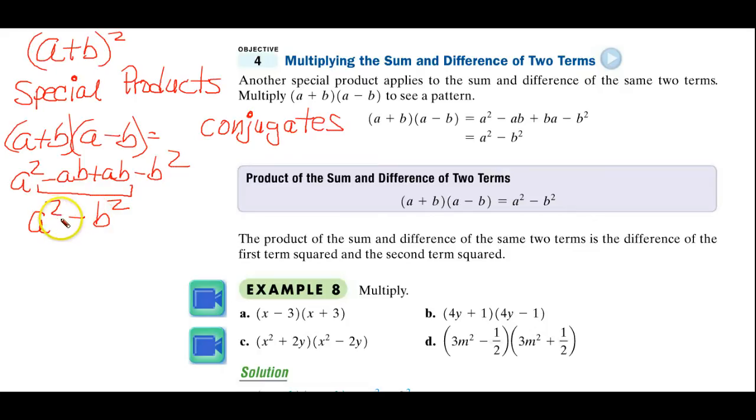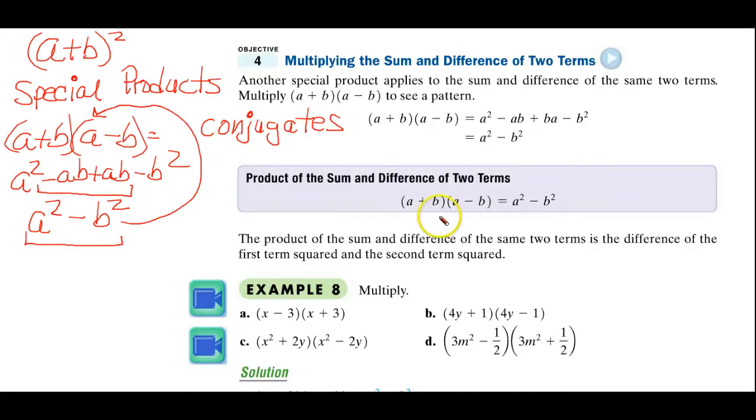Now, again, what's the big deal? Well, if you have the difference of perfect squares, they will always factor into their conjugates. So again, this is what we're building up toward in future lessons here in this course. We're going to be factoring these.